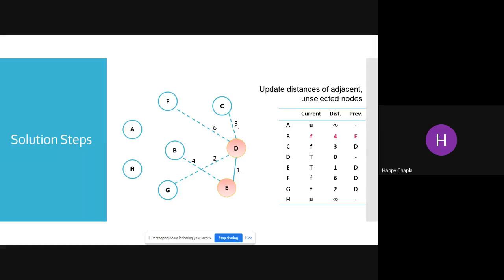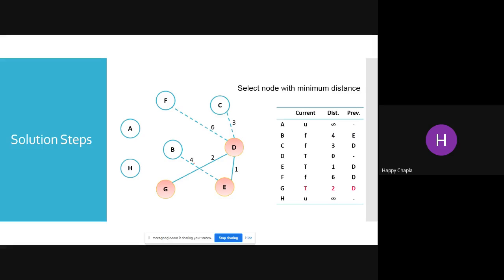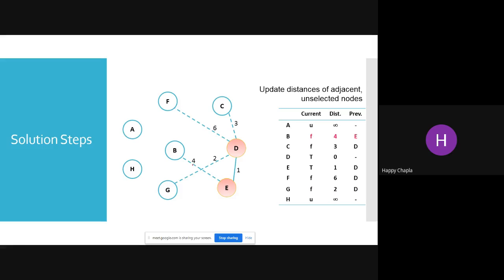So out of these 2, 6, 3 and 4, we have to find the minimum one. Which one is minimum? Out of the dotted line, 2, 3 and 4, this 2 contains the minimum value, right?